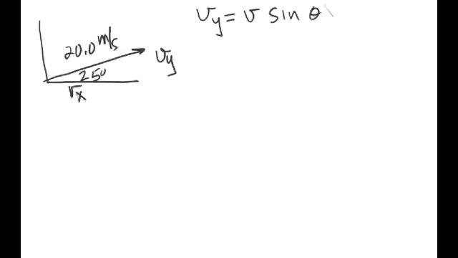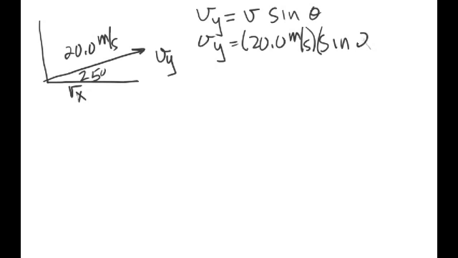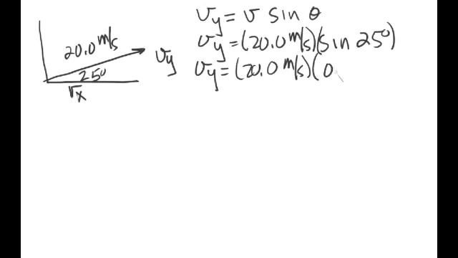Sine theta, v sub y equals 20 meters per second times the sine of 25 degrees. V sub y equals 20.0 meters per second times 0.42, and v sub y is 8.5 meters per second.